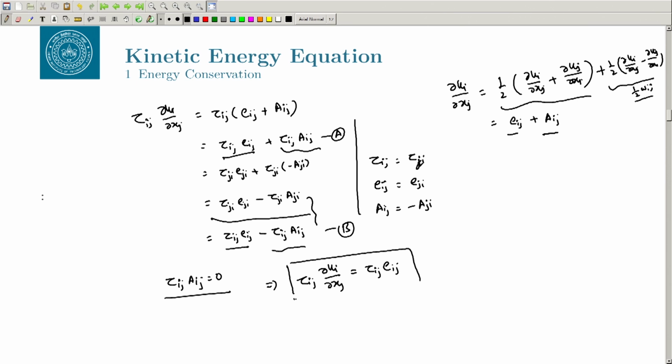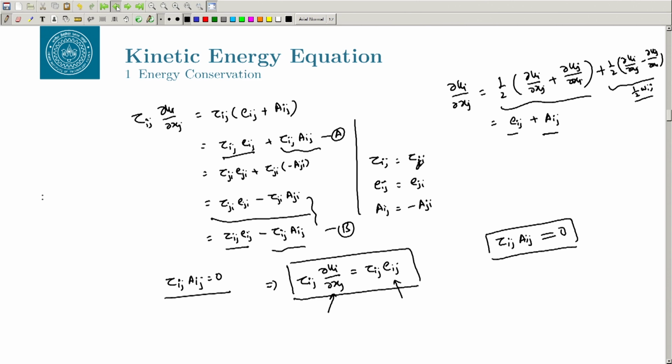This is a very important result, and we will be using it again and again at many places. I can interchangeably use either this term or this term. It also shows that if you multiply a symmetric tensor with an antisymmetric tensor, that will go to 0. The product of a symmetric tensor with an antisymmetric tensor is 0.